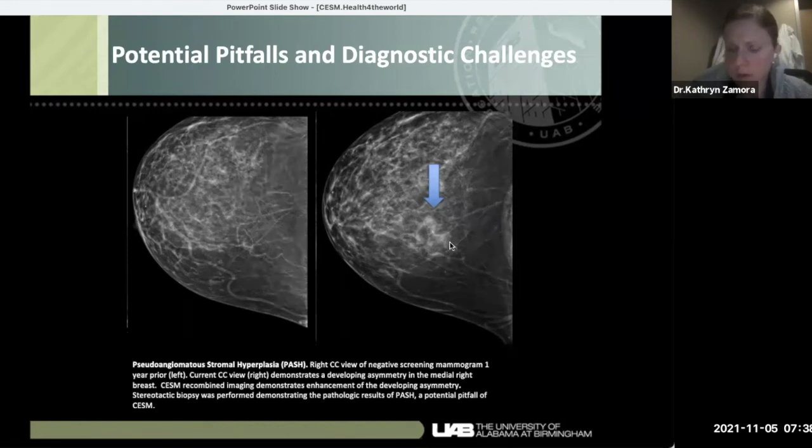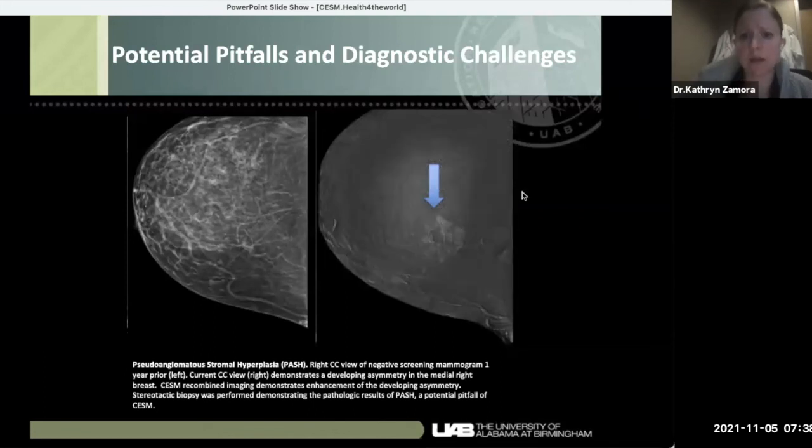In order to evaluate this asymmetry more, we did contrast enhanced mammography, and this area did demonstrate mild enhancement in this new area. So this developing asymmetry was given a BI-RADS category 4 and was biopsied based on landmarks and came back to be PASH. So we probably biopsy this again, but PASH is a potential pitfall.